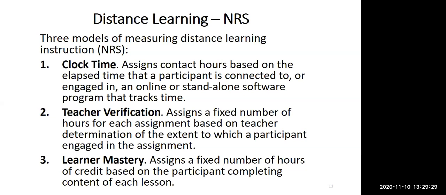And then when students complete all of the required instruction, you can give them a fixed amount of hours based on the fact that they completed the lesson, they completed the requirements, and so on. Okay, so Dale's question, going back to class creation, that's what it sounds like.